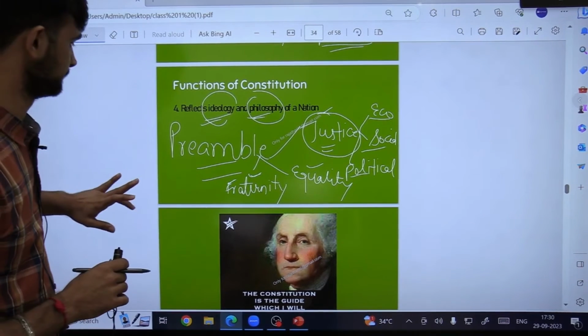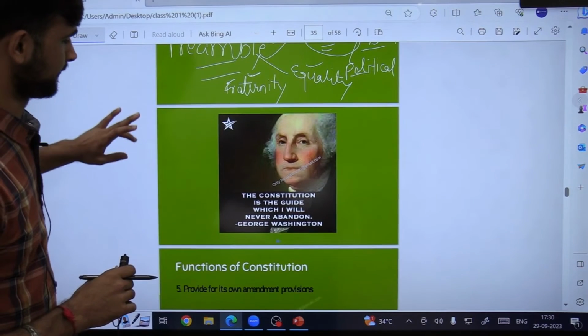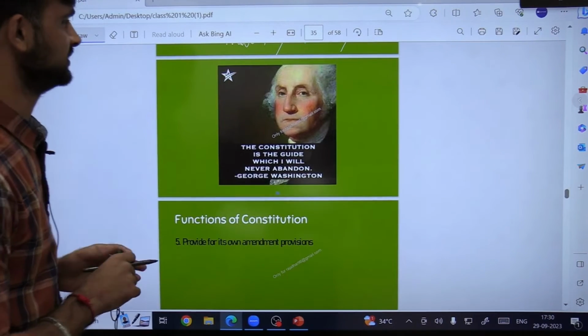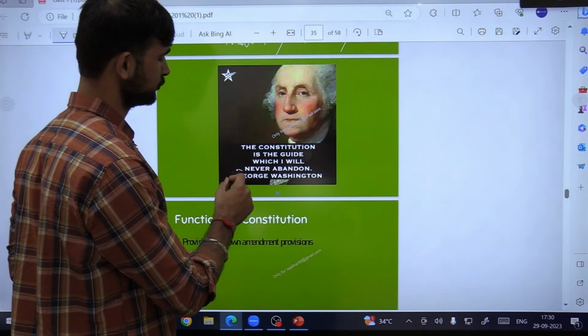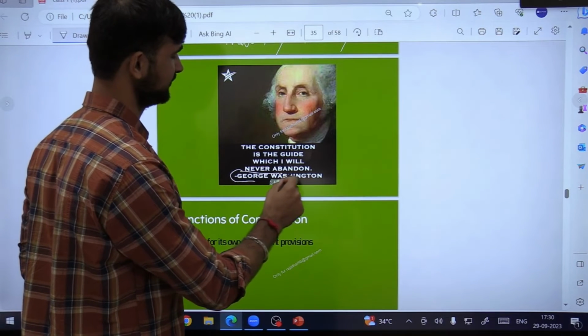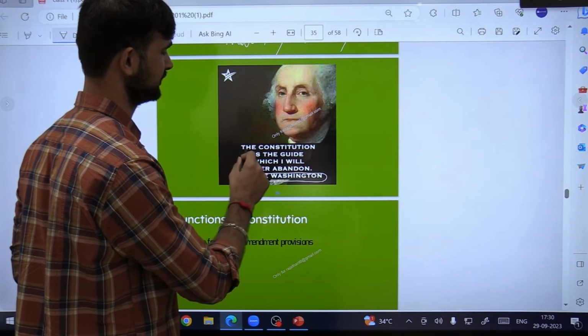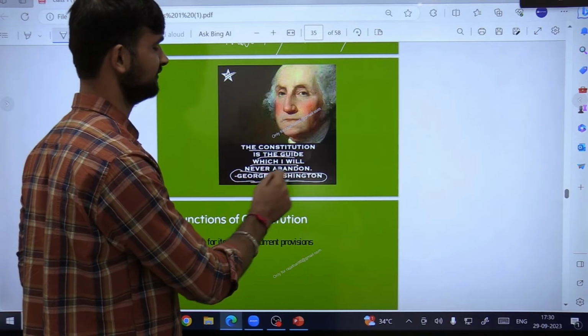Then see, the importance and relevance of the Constitution can be depicted from the statement of George Washington: "The Constitution is the guide which I will never abandon."